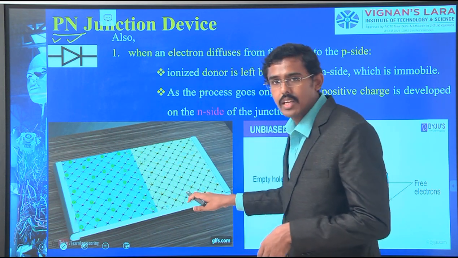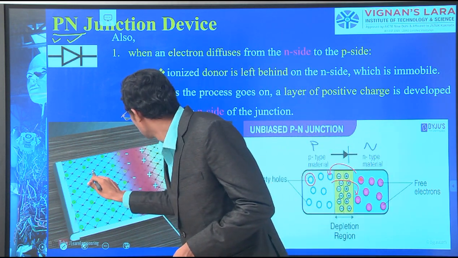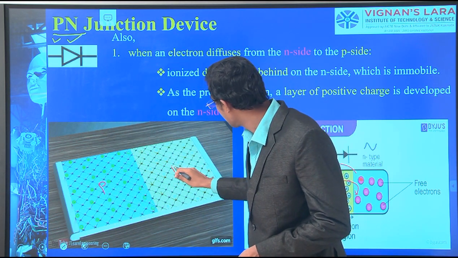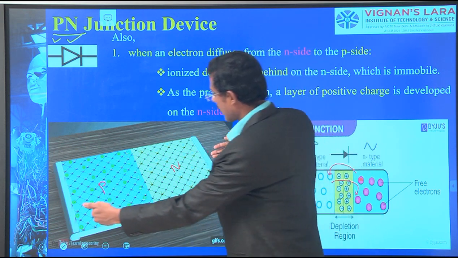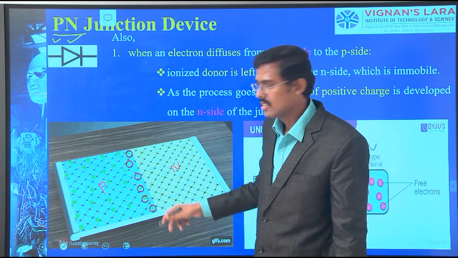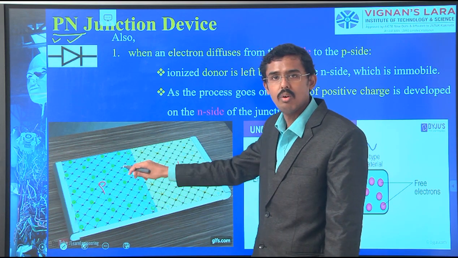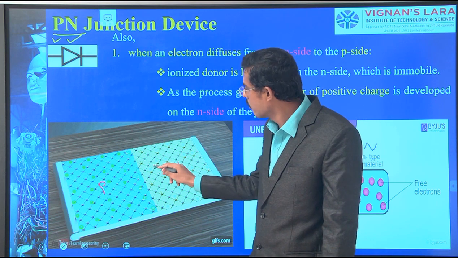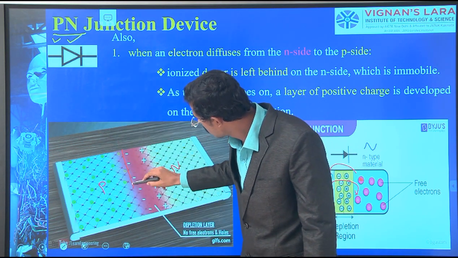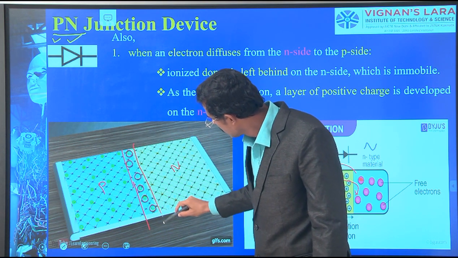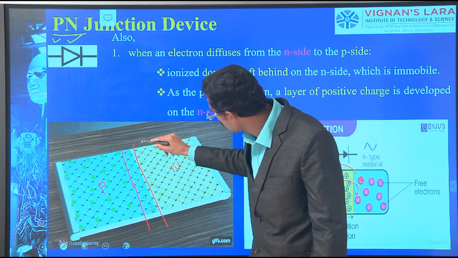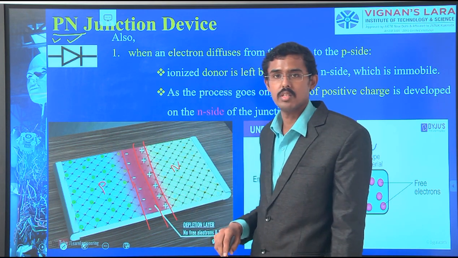So I have given a small animation here also. We have taken a P-type here and an N-type on this side. When I connect these two, P and N, at the junction there is an interchanging of electrons and holes. You see, therefore this zone becomes negatively charged due to the jumping of electrons, and this zone becomes positively charged.